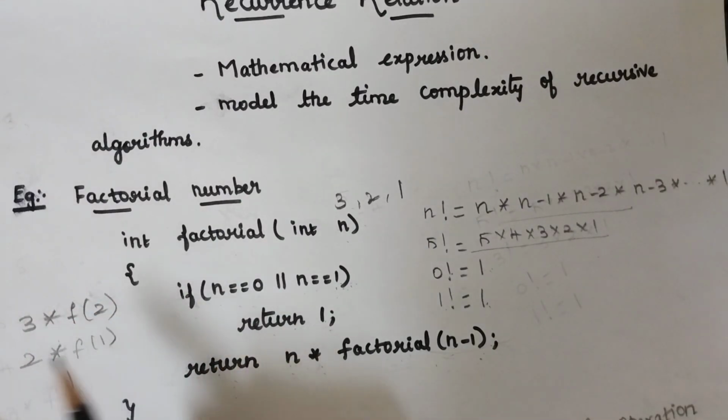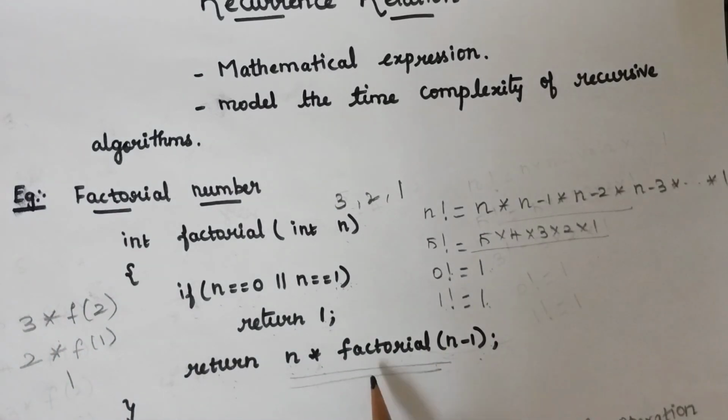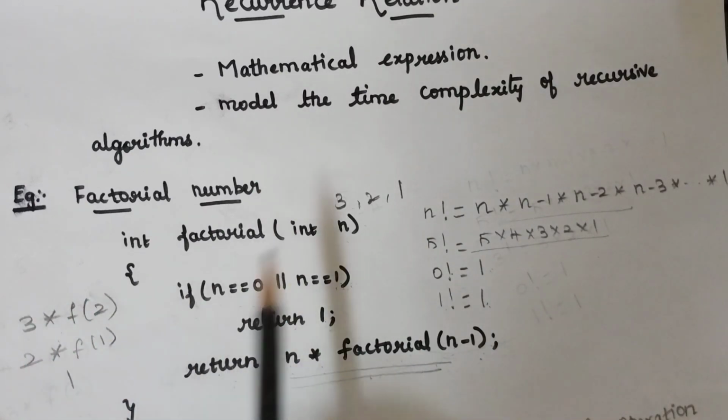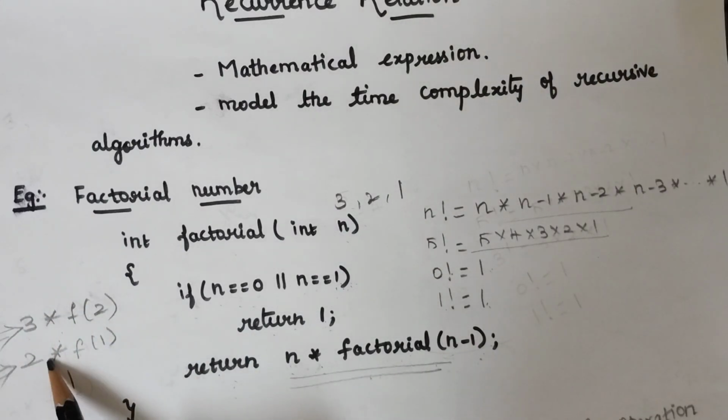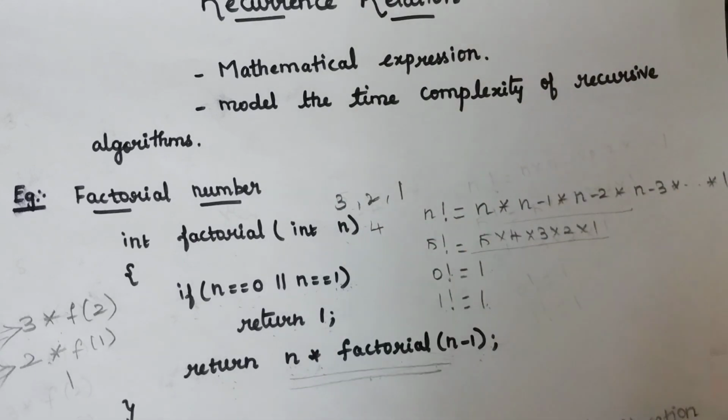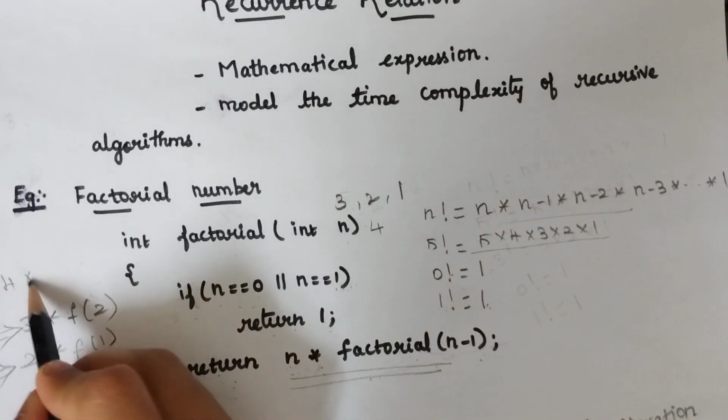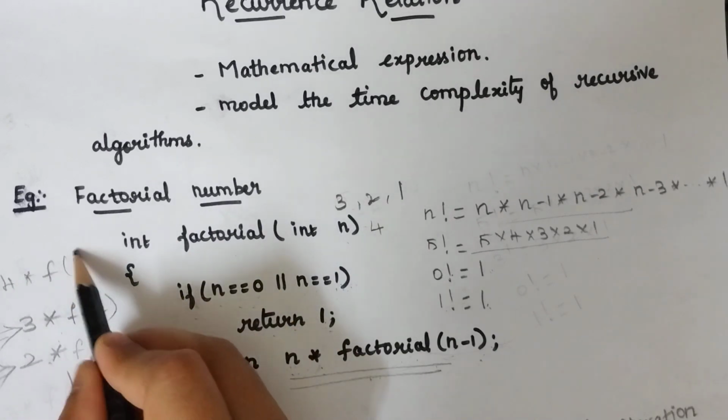If you see here, how many times is this recursive call happening in this code for the value 3? I have given n as 3, and the recursion is happening 2 times. What if my n value is 4? First it will execute the statement 4 multiplied by f of 3.